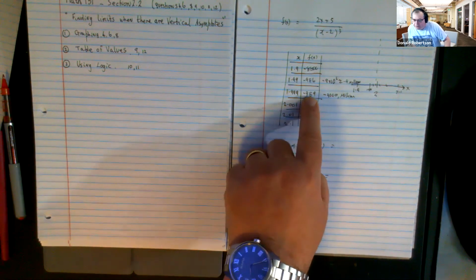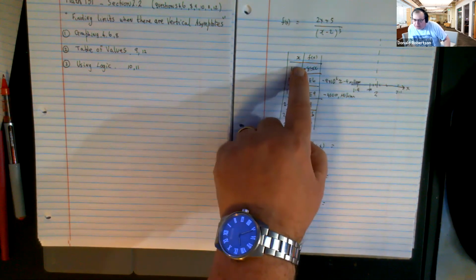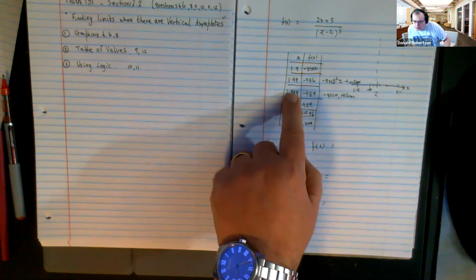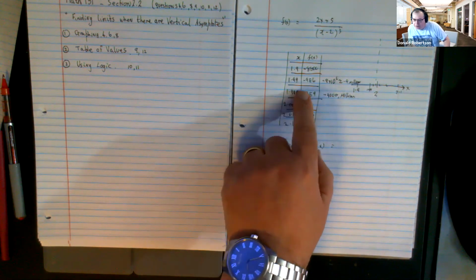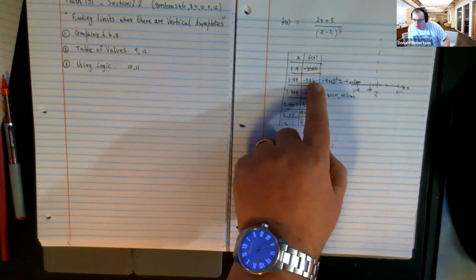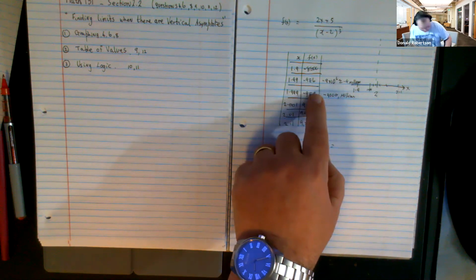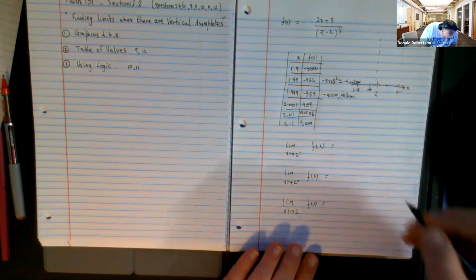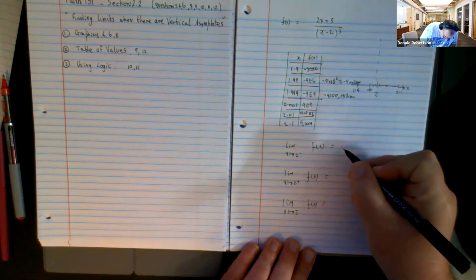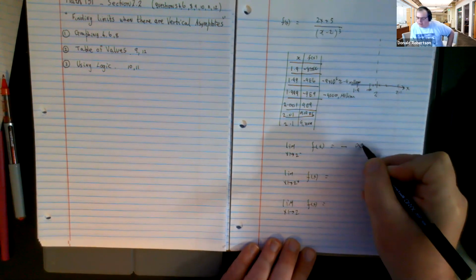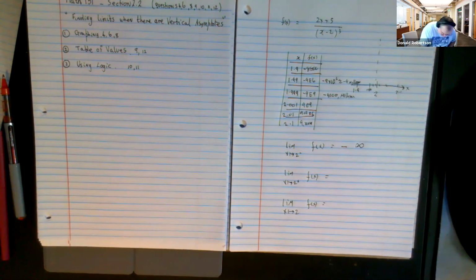So what does this tell me? Well, if you start at 1.9 and you evaluate the function and you get closer and closer to 2, doesn't the number just get really, really, really big and negative? And really big and negative means it's negative infinity.